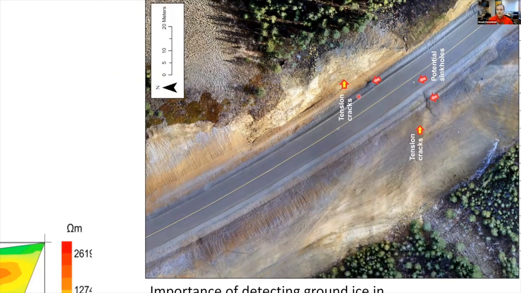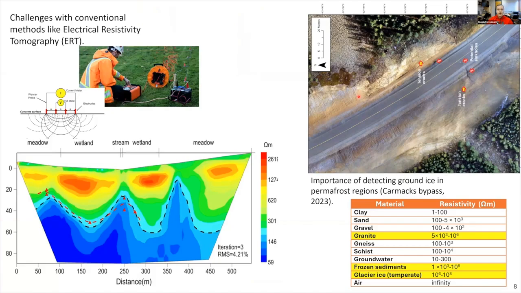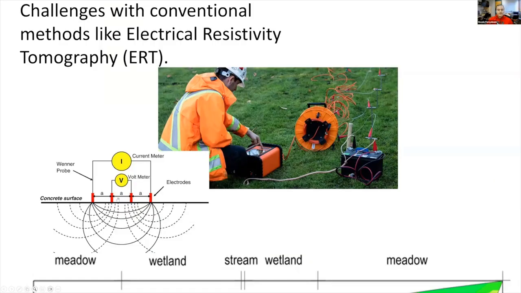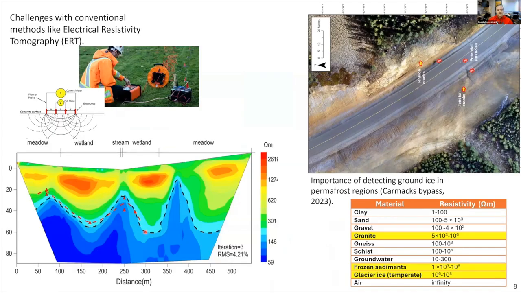But a usual and common way to identify ice is using ERT. As I told you, it's really simple. ERT just measures the resistivity of the ground, and knowing that the resistivity of ground ice is higher than other materials, we can recognize that some part of the underground should be ice, or melted, or just starting to thaw.